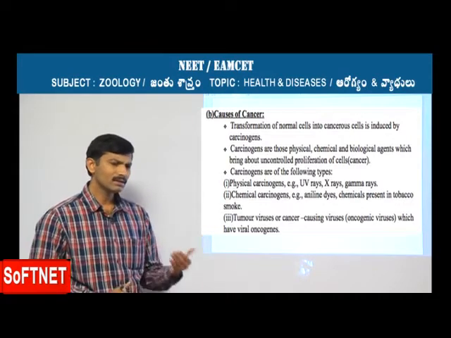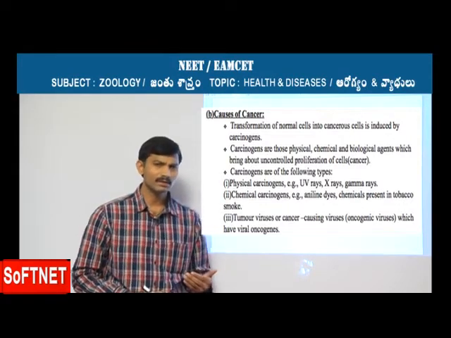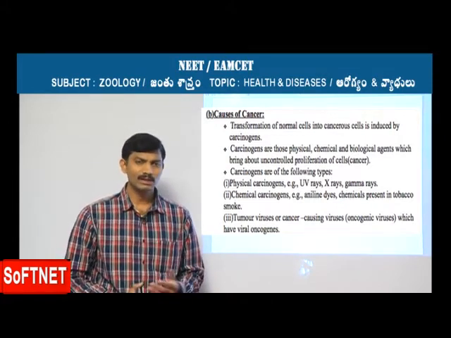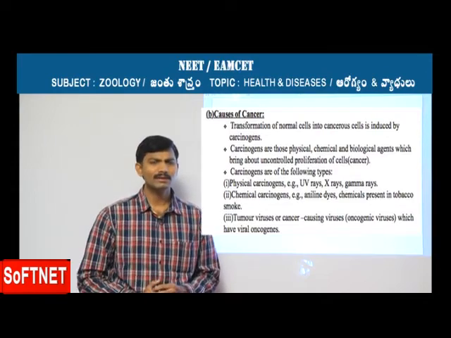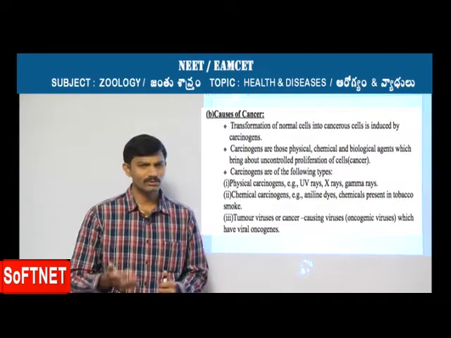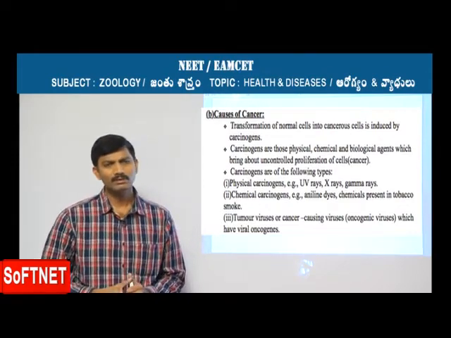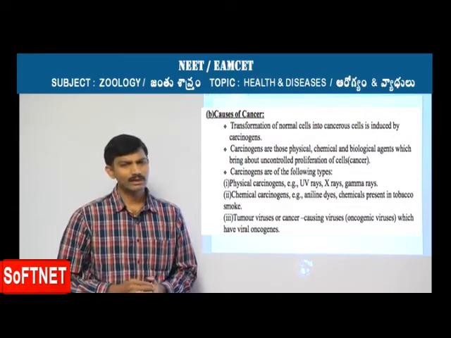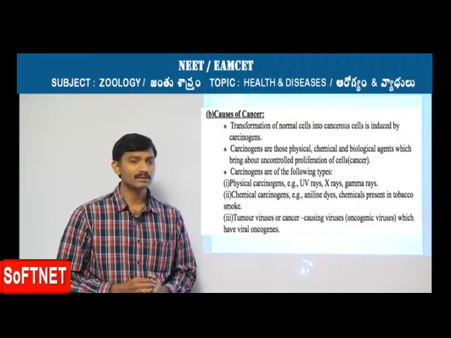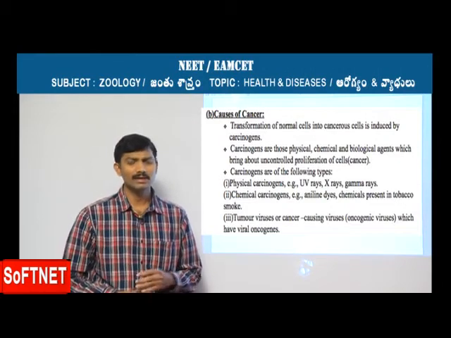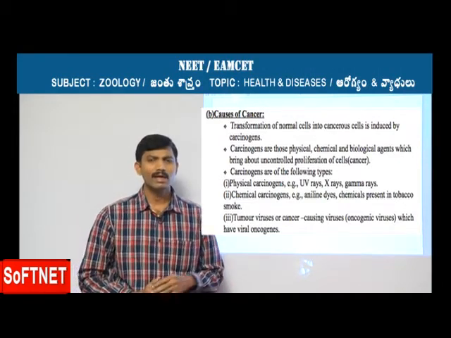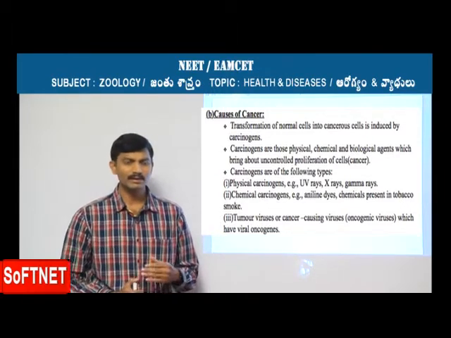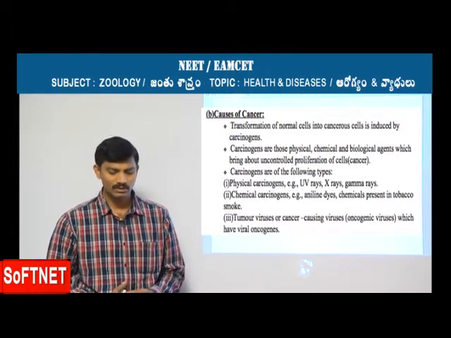Usually, whenever any cells inside the body transform into altered self cells like cancer cells, they are detected by NK cells and destroyed. That is one of the important properties of NK cells, to detect these altered self cells and destroy them. But cancer cells are also able to escape from the NK cells and remain unrecognizable, and that is also one of their properties.